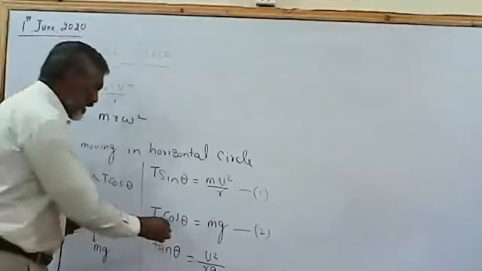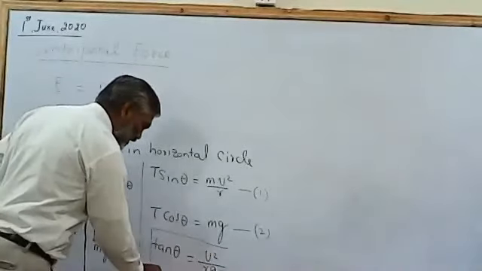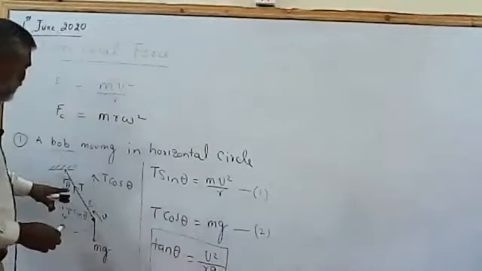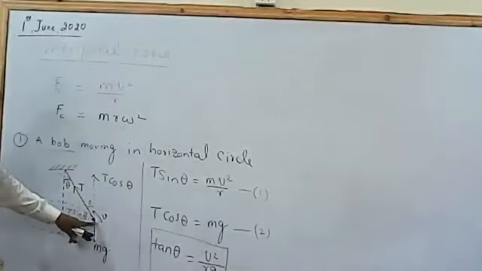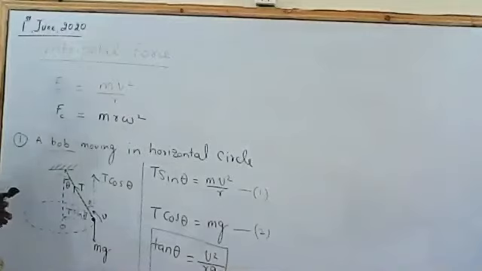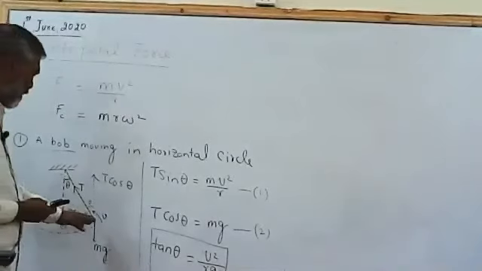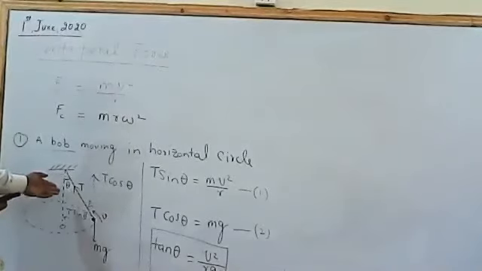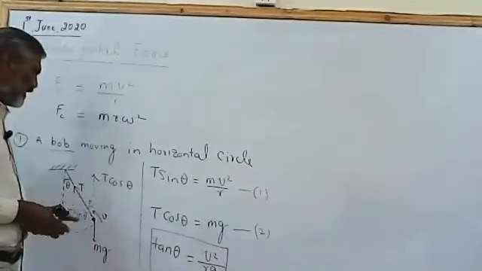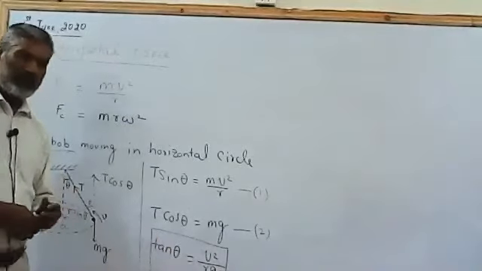So this is the equation which relates the angle theta to the speed of this mass m. Clearly this theta and the speed, it is independent of the mass involved.